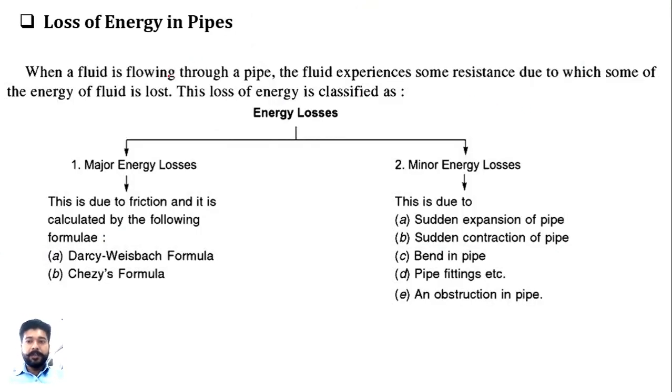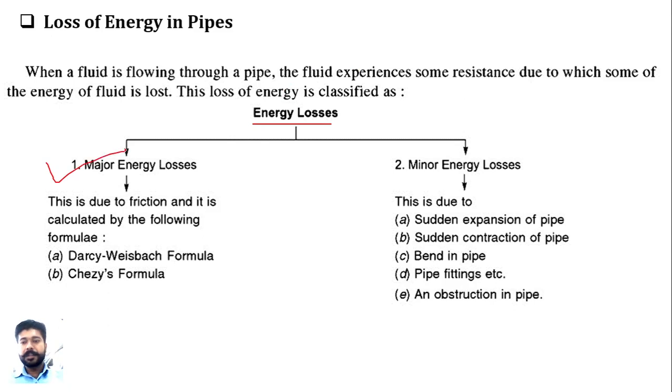Whenever fluid is flowing through the pipe, the fluid experiences some resistance, and that resistance occurs due to friction, and because of that friction the energy of the fluid is lost between the fluid particles and the surface of the pipe. So mainly there are two types of classification of these energy losses.